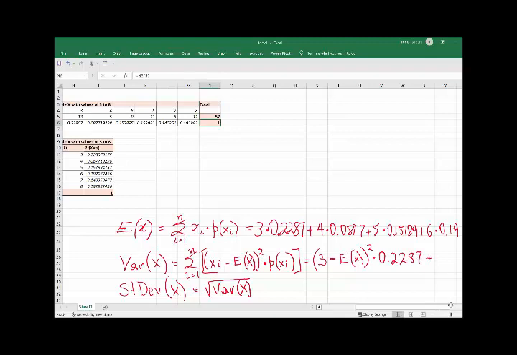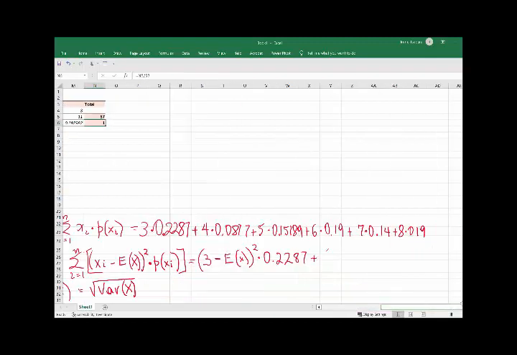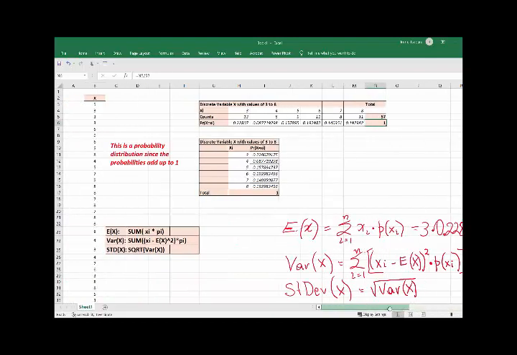And I will continue with 4 minus the E of x squared times 0.0877, and so on. This is how I would calculate this by hand, and it would be quite tedious and time consuming. Let me show you here how you do that in Excel.